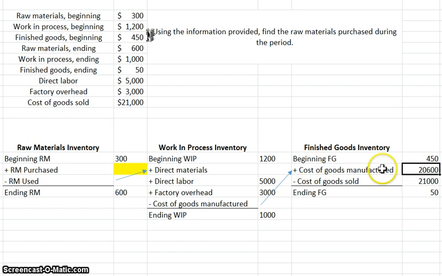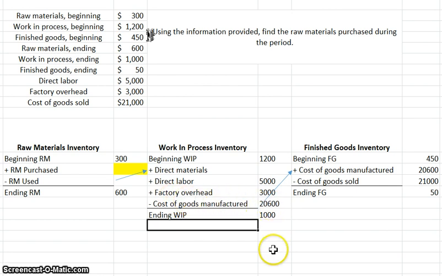Now that we know our cost of goods manufactured, we can bring that over to our work in process inventory. We know our cost of goods manufactured is 20,600, so now we can finally find our direct materials used and then use that to find our raw materials purchased during the period. Again, use algebra to solve.